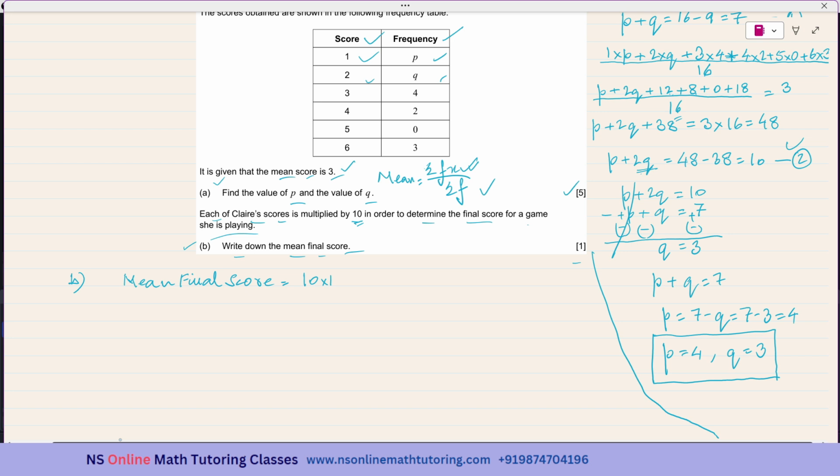Since all the numbers are getting multiplied by 10, I can take 10 as the common factor, or else if that is confusing for the students, I'm writing the terms separately.